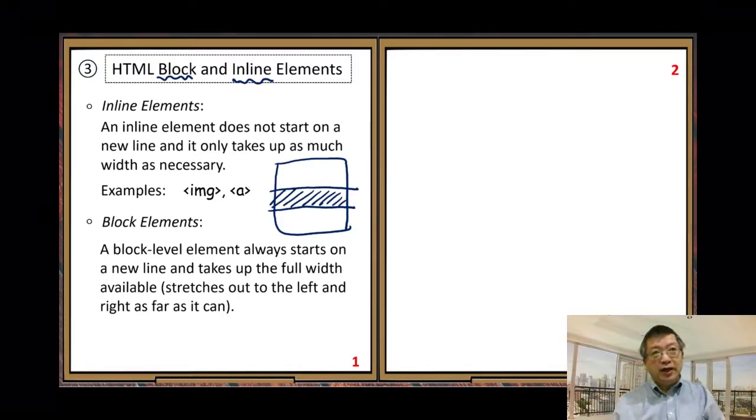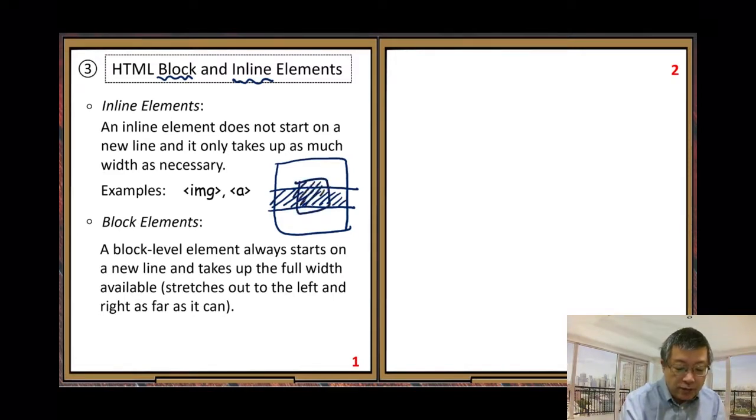All right. So when you use a block element, you have to start from a new line, from the beginning. But some people may ask, because I start a new line, how do I stretch to the left? Don't worry, because even if you start with a new line, your element may be placed in the middle, right?